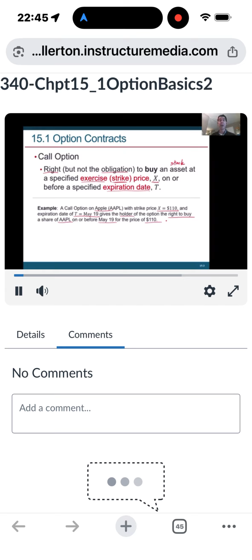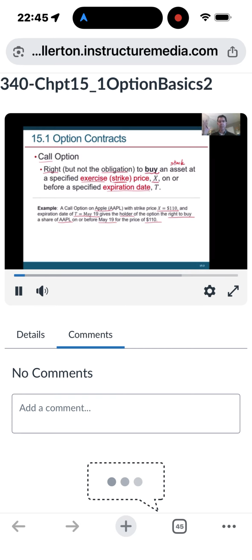And the term call is used in a call option. Why? That's indicating the option to buy, because when you buy something like a share of stock, you're calling it to you. So that's where that terminology comes from.